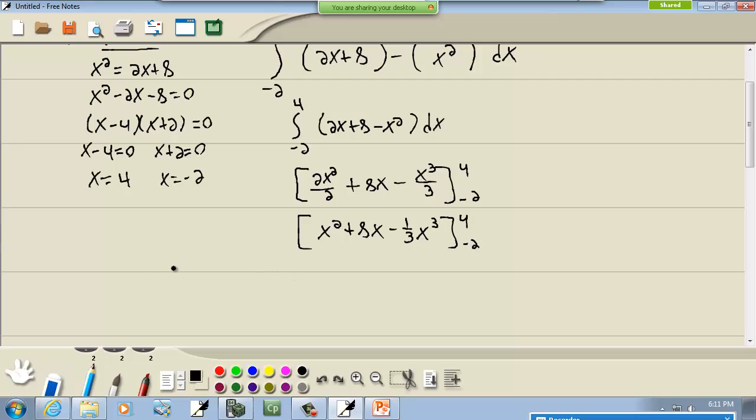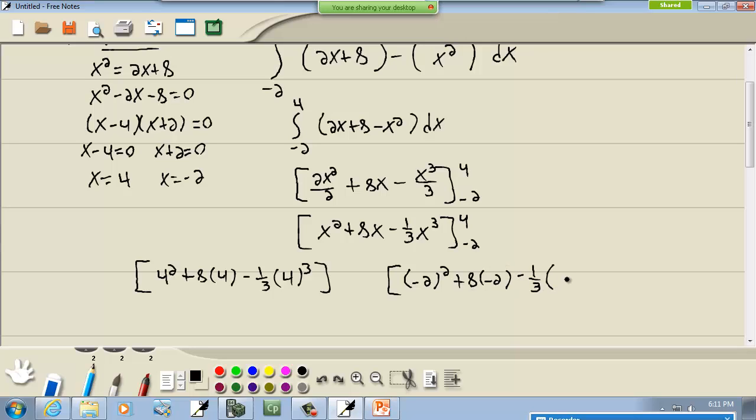So now I'll plug in 4. So I got 4 squared plus 8 times 4 minus 1/3 times 4 to the third. I'll also plug in negative 2. So I got negative 2 squared plus 8 times negative 2 minus 1/3 times negative 2 to the third, minus.